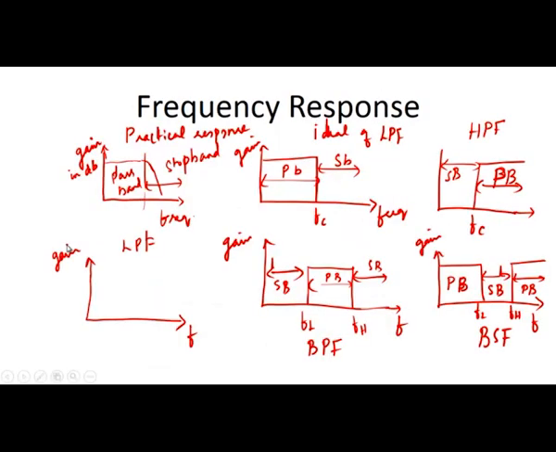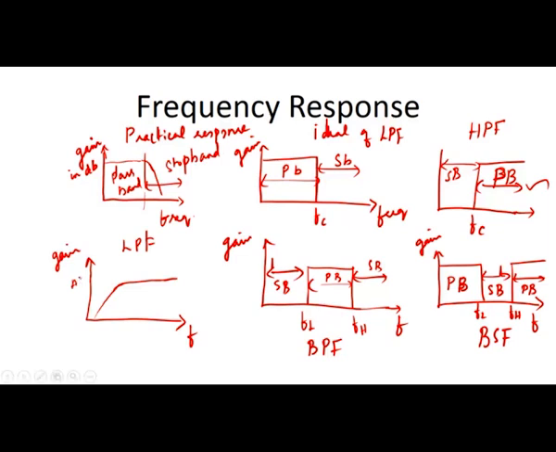The high pass filter's ideal response is this: initially the band of frequencies is stopped until the cutoff frequency, and from the specified cutoff frequency, all the signals are passed through the filter. Initially it is not actually 0, it has a response like this, and after some time the response is constant, the gain is constant.